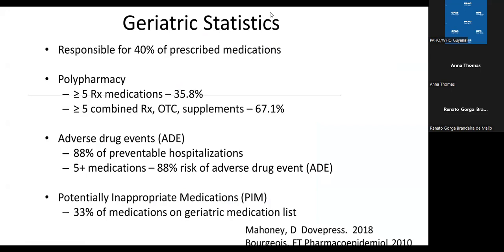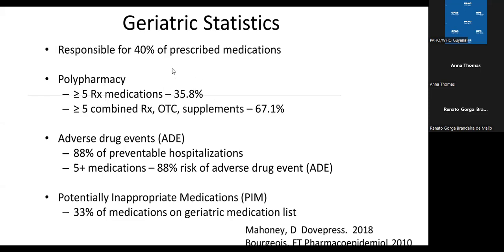More statistics here. Polypharmacy is a problem, but we have to look at it with more information to be considered. The oldest subgroup is responsible for 40% of all prescribed medications.